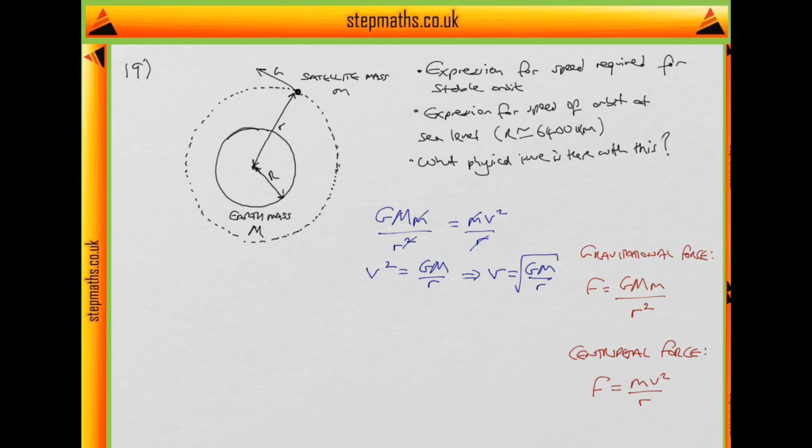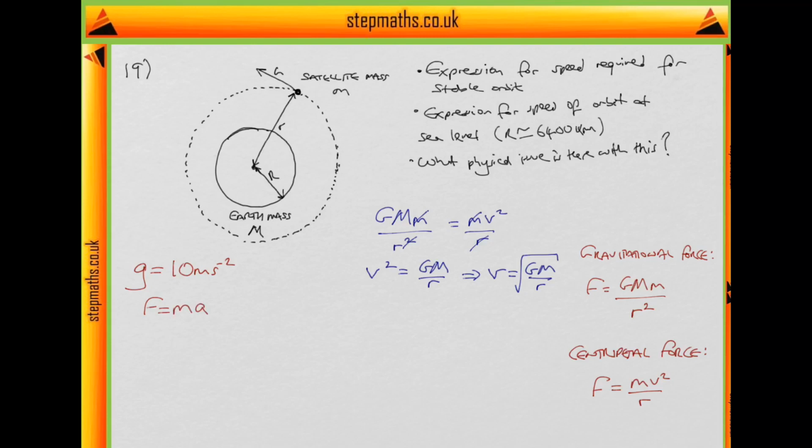So g, our acceleration on the surface of the Earth, is 10 meters per second per second. By Newton's law, force is F equals ma.